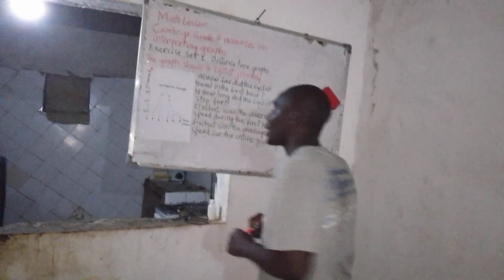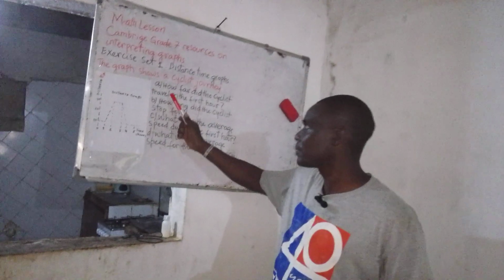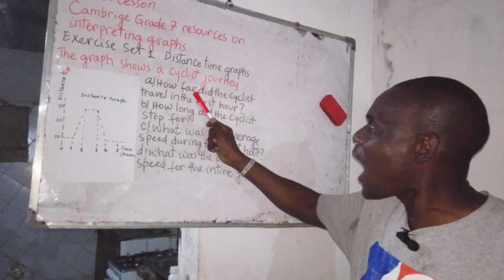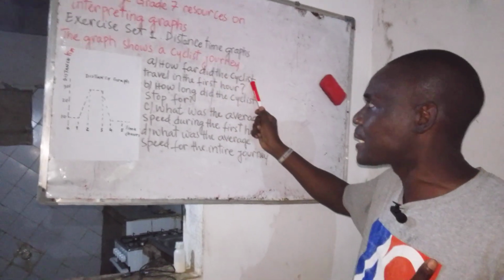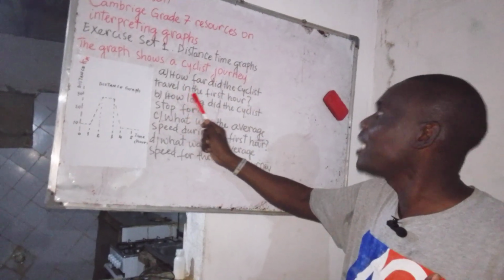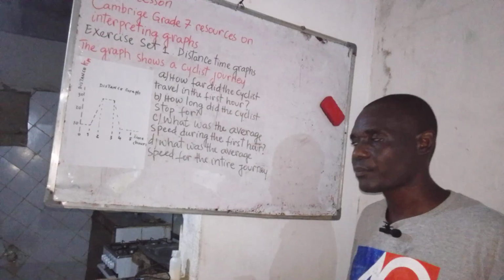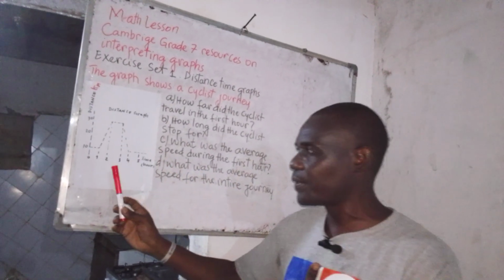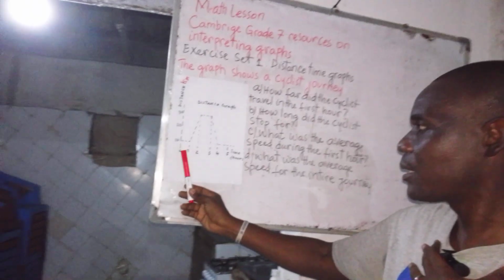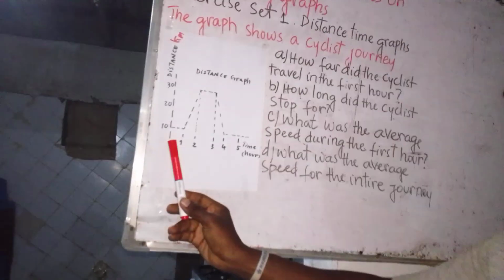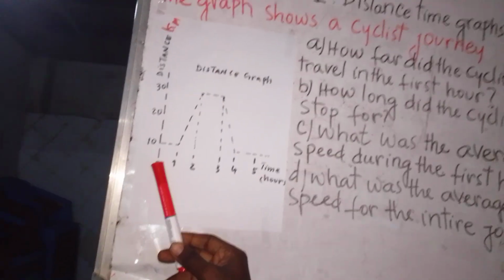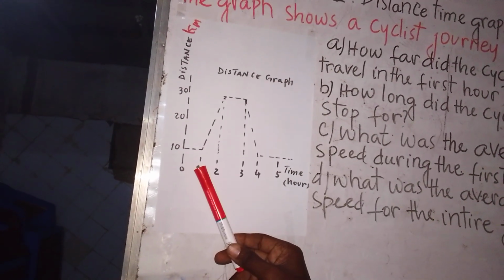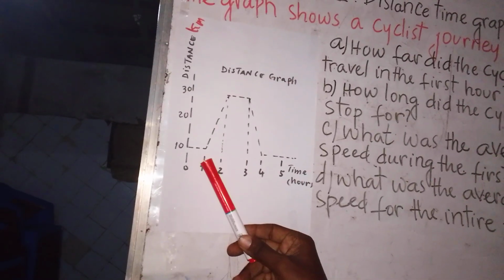We have question number 1, line A. How far did the cyclist travel in the first hour? We go directly to the graph and we see the first hour is just from 0 up to 1.